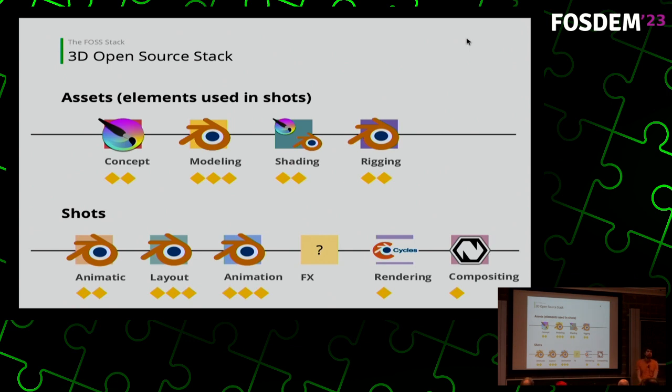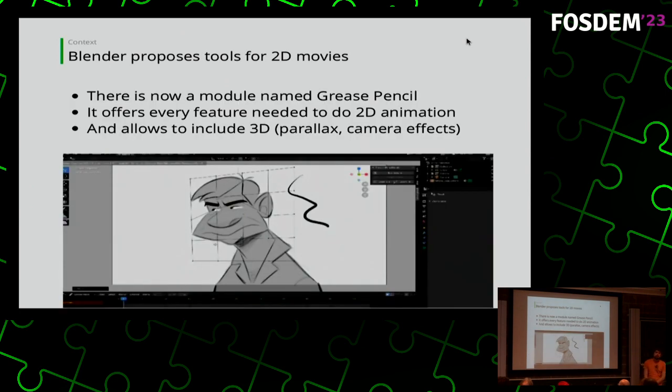And we have the same issue with compositing, where there is Natron, which is a very interesting software, but they have governance issues. So I don't know if it's still maintained, and the software currently is not as powerful as the proprietary ones. About 2D, there is something new.